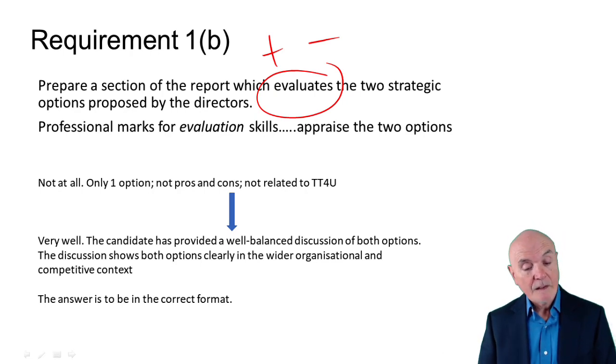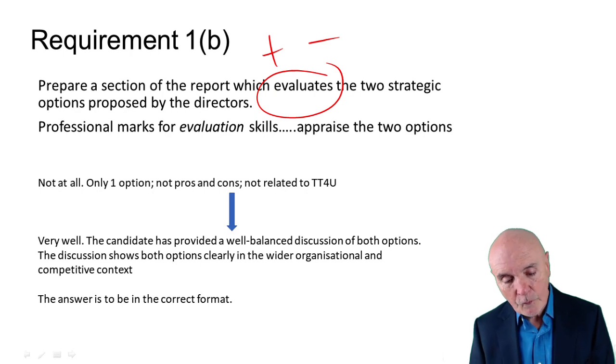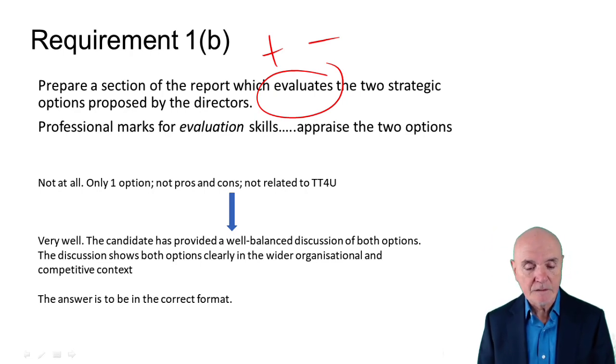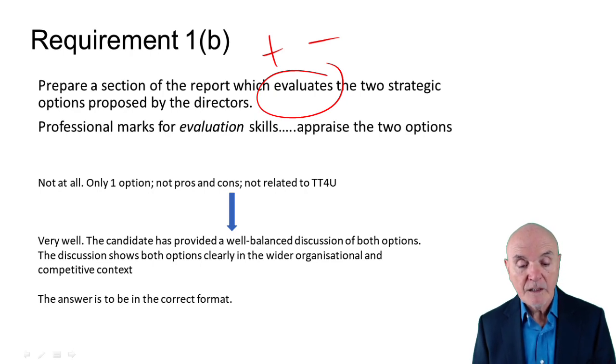Then for very high professional marks on evaluation skills, the candidate has provided a well-balanced discussion of both options, shows both options clearly in a wider organizational and competitive context. The answer is in the correct format, which is just a section of a report.